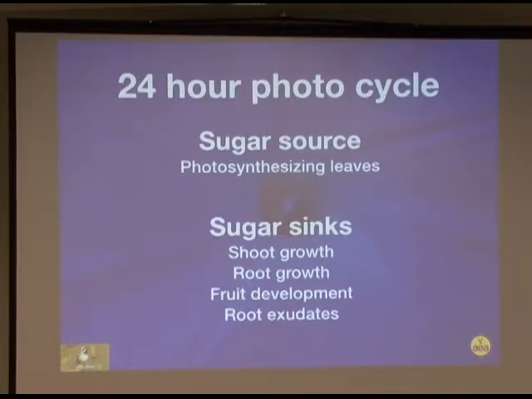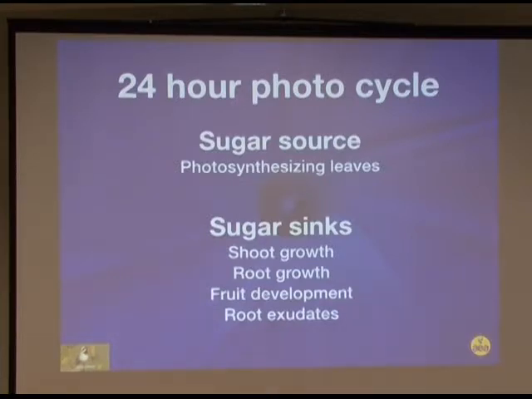Then, starting about mid-afternoon, and obviously where mid-afternoon is depends on latitude and to a degree on the crops you're growing, but let's just say for the sake of discussion about 5 to 7 p.m., the plants start moving and translocating those sugars from the leaves, from the source, to the various sugar sinks. I talked about the various sugar sinks earlier: shoot growth, root growth, and then fruit development and root exudates.